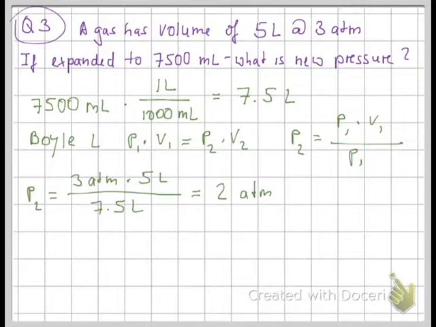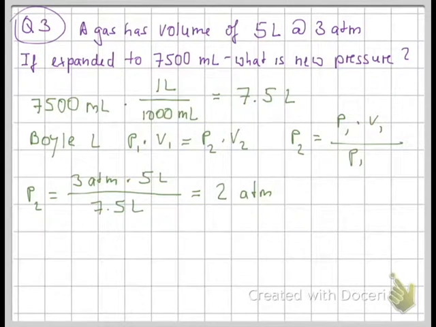I may not be consistent with significant figures. That's not the object of this exercise. This is meant to go over the gas laws. But actually, 2 atmospheres is the proper significant figures, because the 5 liters limits you to 1 significant figure. The 3 atmospheres limits you to 1 significant figure as well. So 2 being 1 significant figure is the proper answer for this one.